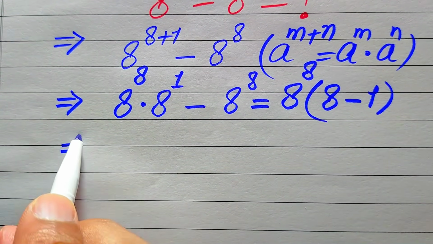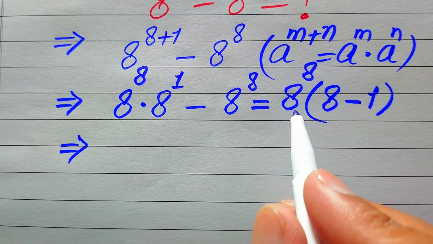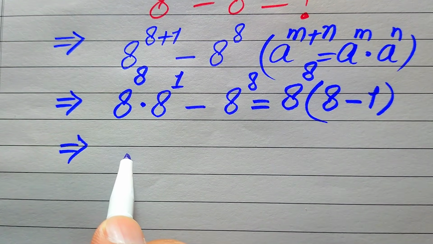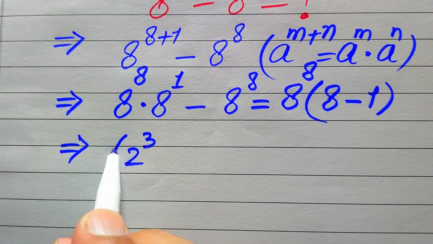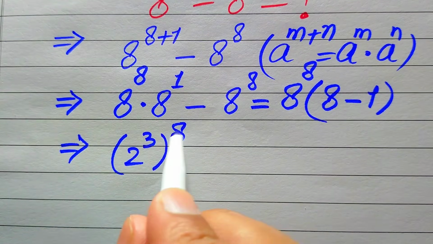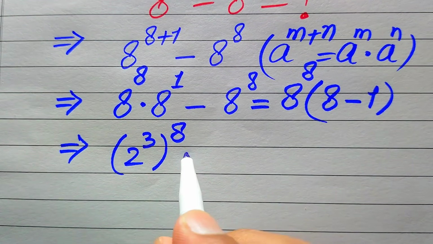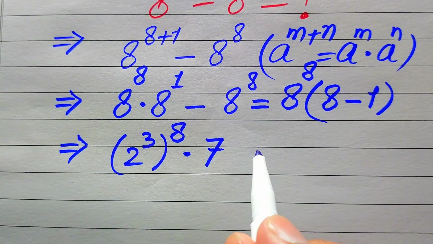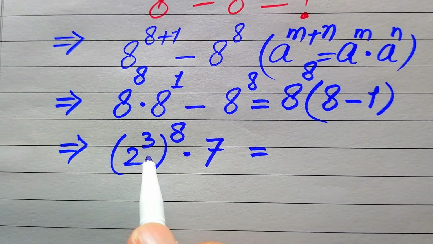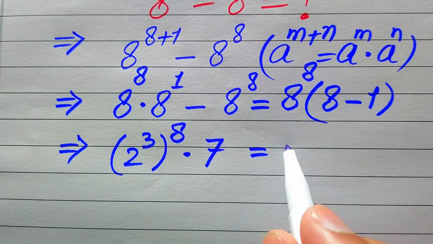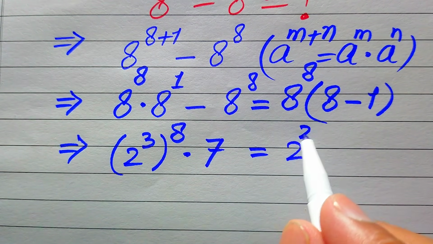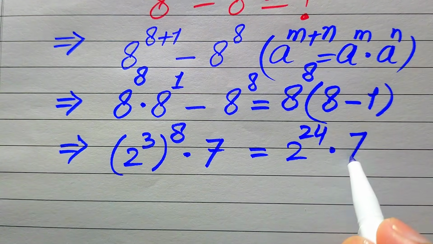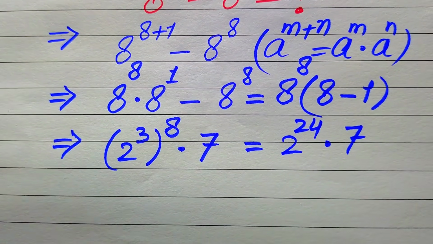Now we know that 8 is equal to 2 cubed, and its whole power is 8, times 8 minus 1, which becomes 7. Now we use another exponential rule and multiply both of these exponents, and we get 2 to the power of 3 times 8, which is 24, times 7.